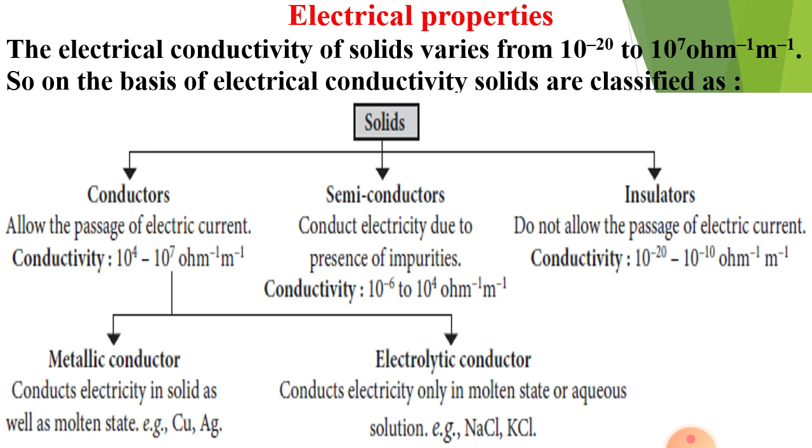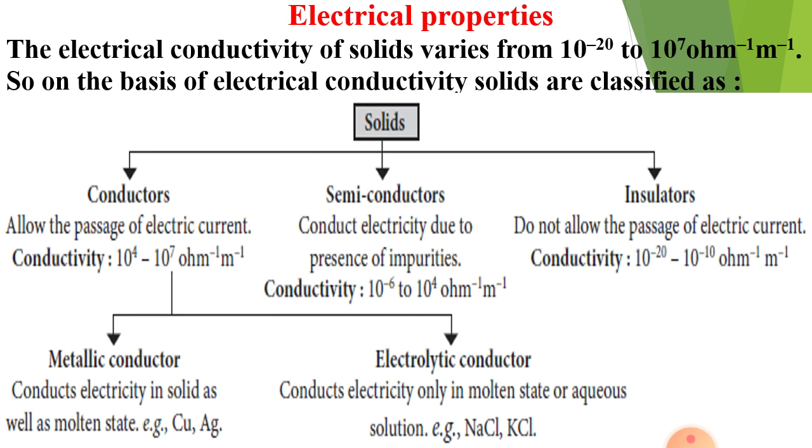On the basis of the reason for conductivity, the conductors are further divided into two parts: one metallic conductor and second electrolytic conductor.